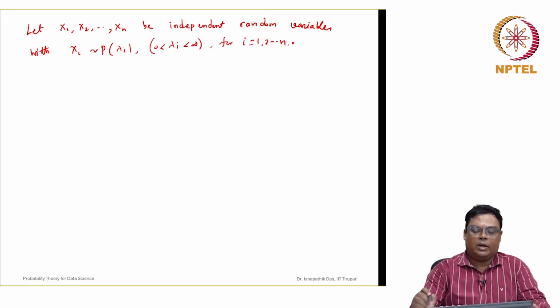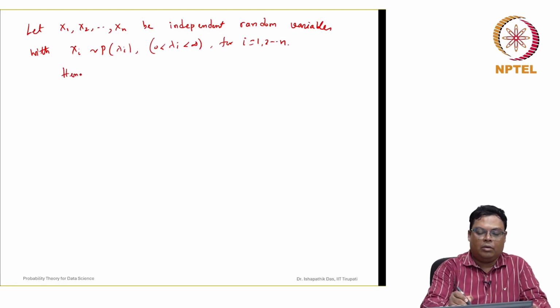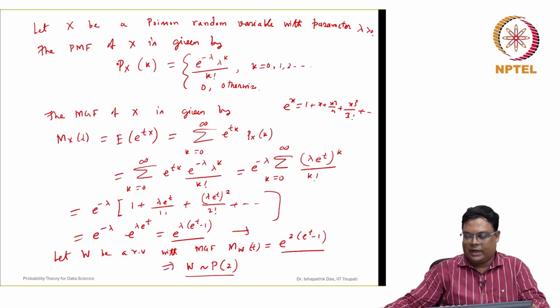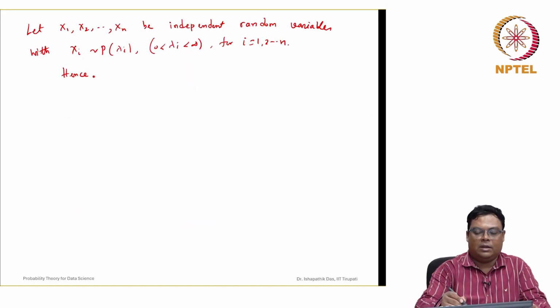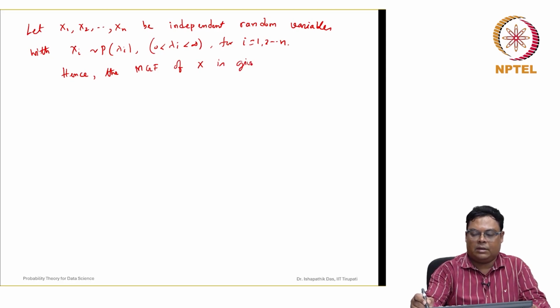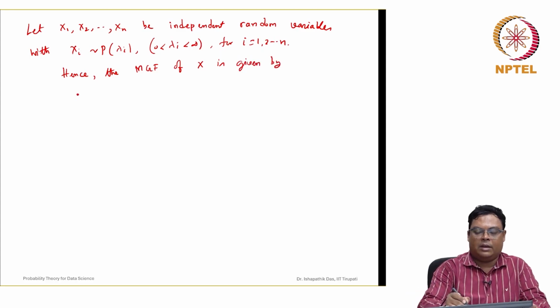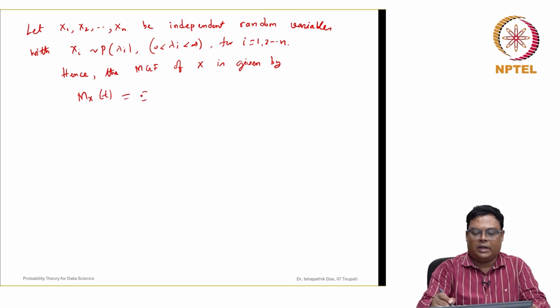Now we know what the moment generating function of Xi will be, because we have just computed it, where we replace lambda by lambda_i here. Hence the moment generating function of Xi is given by M_Xi(t).